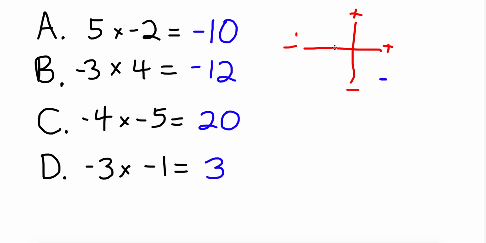Here we have negative 3, we could put it here, positive 4 right there. Our answer would remain here, which is also a negative quadrant, so that gives us negative 12. If we do negative 4 times negative 5, this is a positive quadrant, so our answer will be positive 20. And again, negative 3 times negative 1 will give us positive 3.